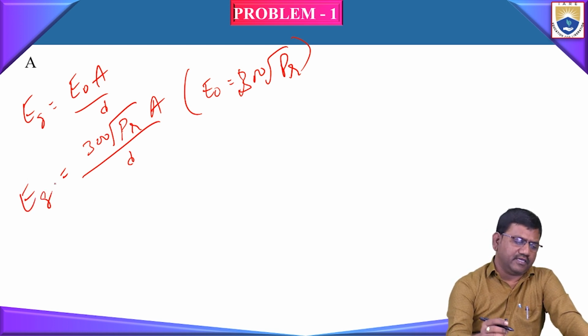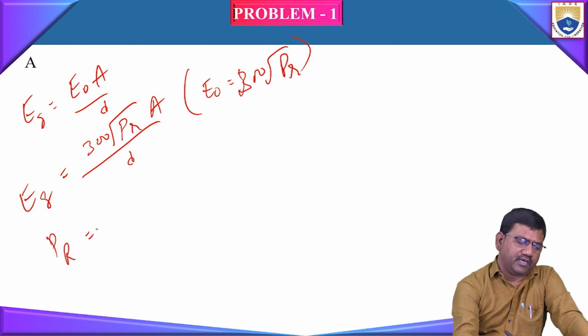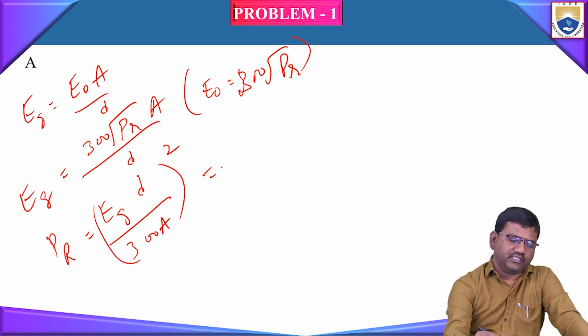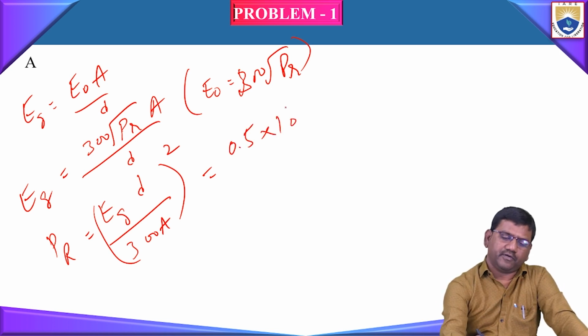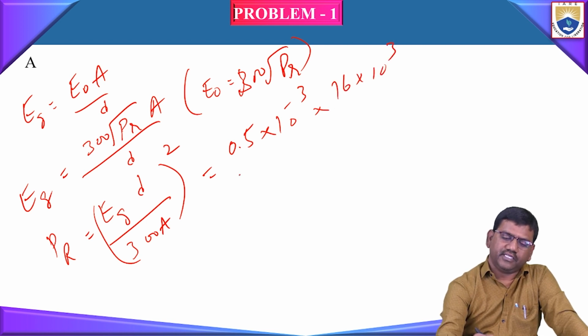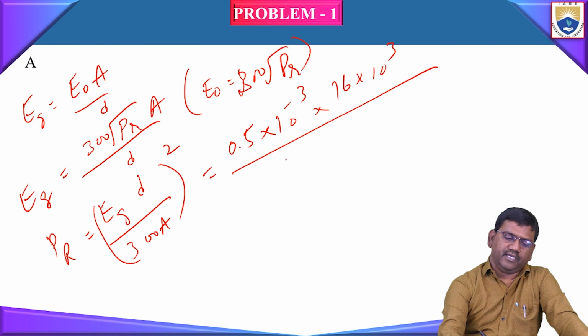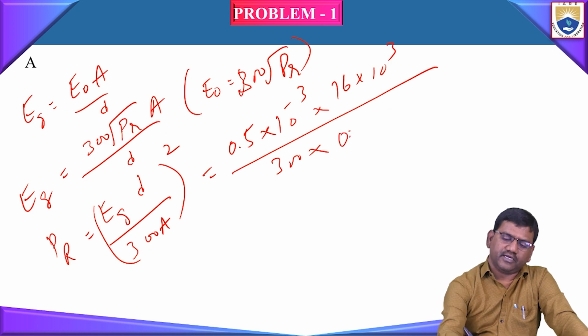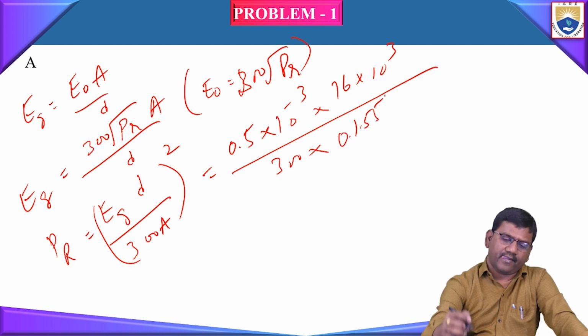If you substitute and simplify, PR is equal to (Eg D by 300 A) whole square. What is the value of Eg from the problem? It is given as 0.5 into 10 power minus 3. The value of D is 16 into 10 power 3, divided by 300 into the value of attenuation we got, 0.155, whole square.